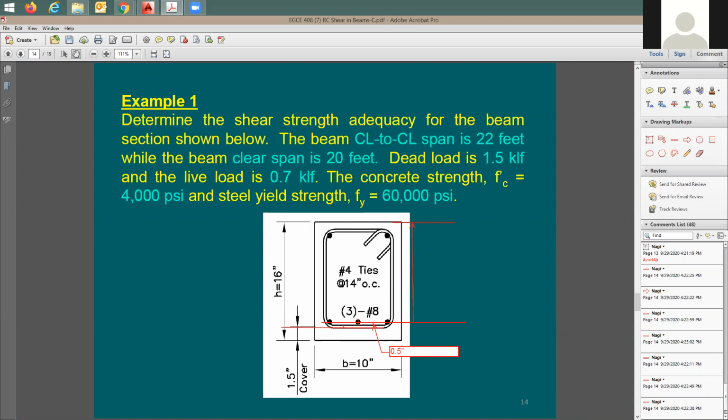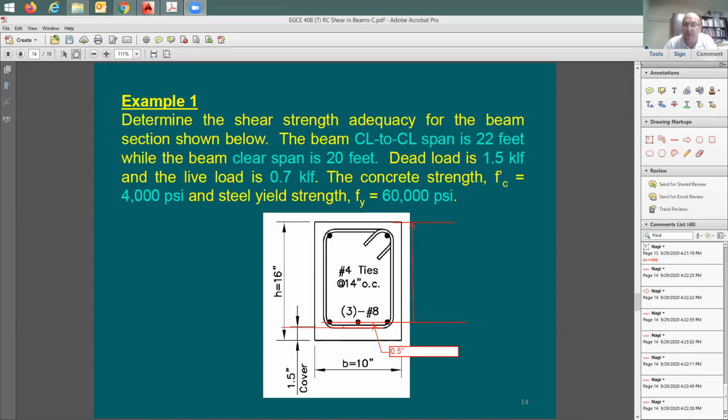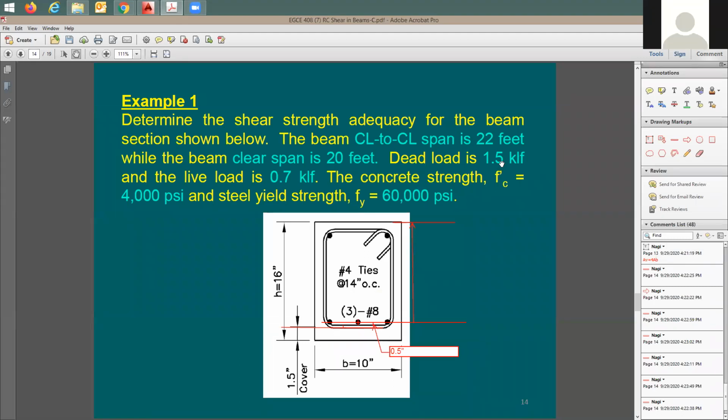Yes. So it is included. So do I need to add it to this, or is this enough? Do I need to do a calculation of the self weight of the beam, or is this enough? I think that's enough. It's already included. Yes. All right. Thank you.